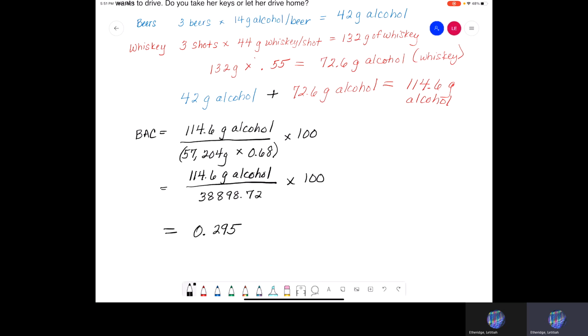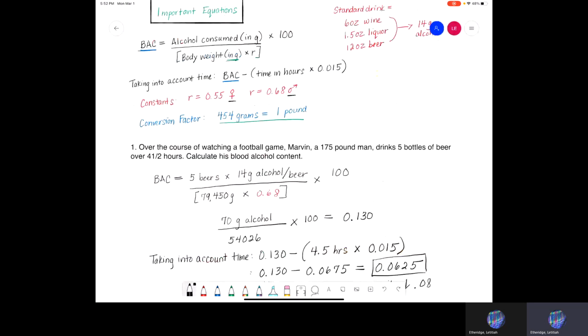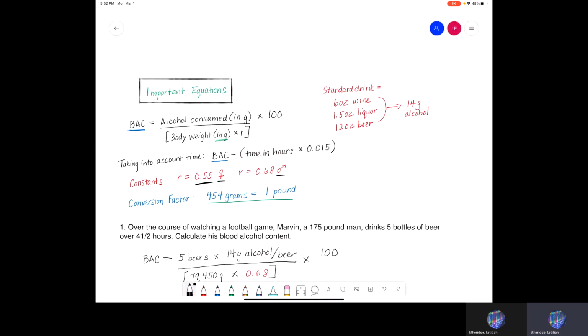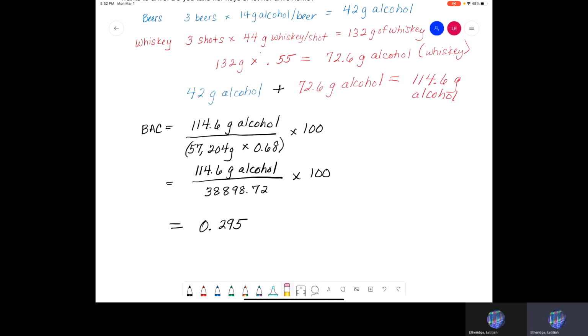Okay, so now, back up. See, that's how I tell you, things like this happen like crazy. Back up. She's a female, so it's 0.55. I know that number looked a little off. So let's change that. That's 0.55. That obviously is going to change our numbers a bit. So 114.6 divided by 57,204 times 0.55.